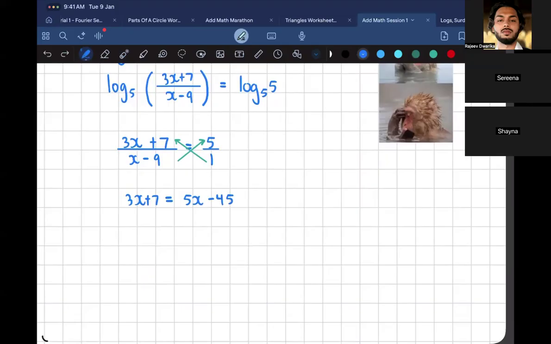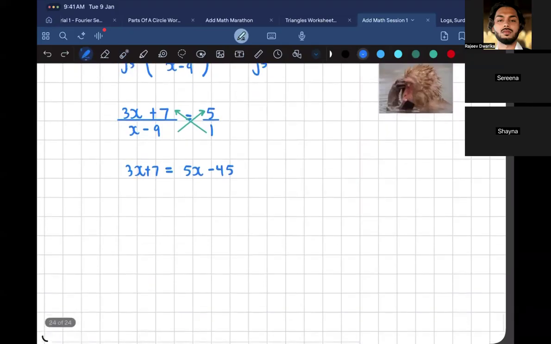I want to find for x. What's the next step, Sheena? Tell me what's the next step. Yeah, carry 5x over the equal sign and the plus 7 over the equal sign.